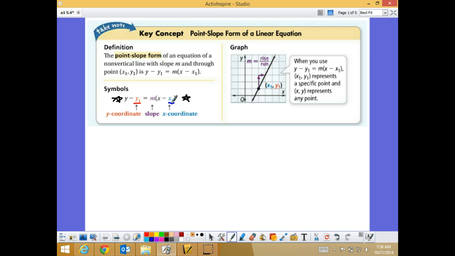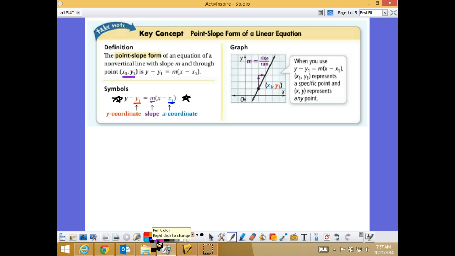Okay, you're going to put those in number form, and also the slope is going to be an actual number, the slope of the line, where x1, y1 is the point that it goes through, and m is that slope.